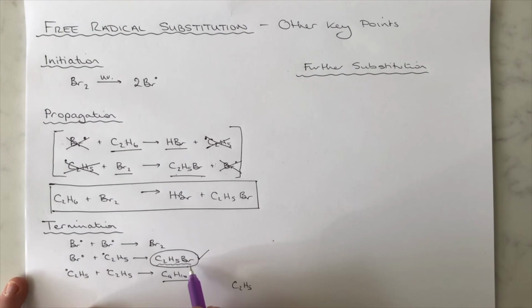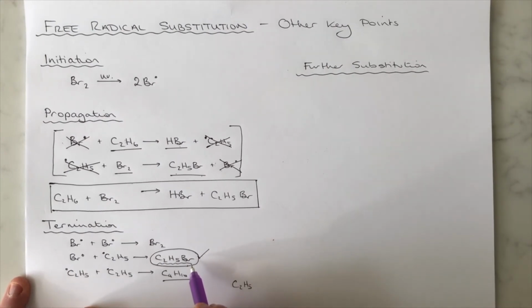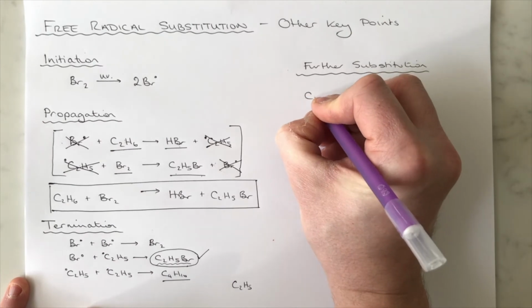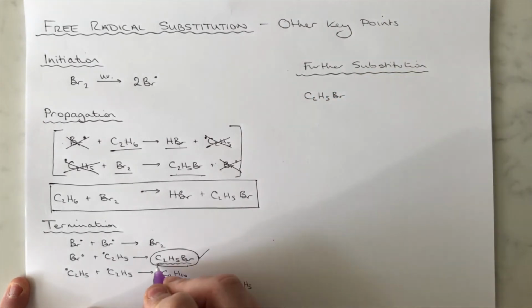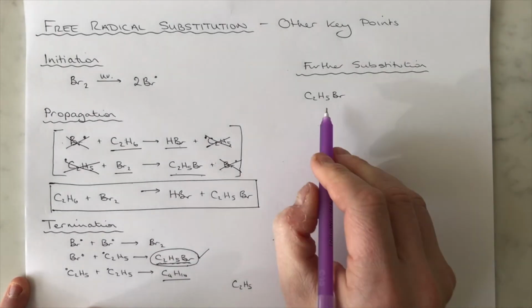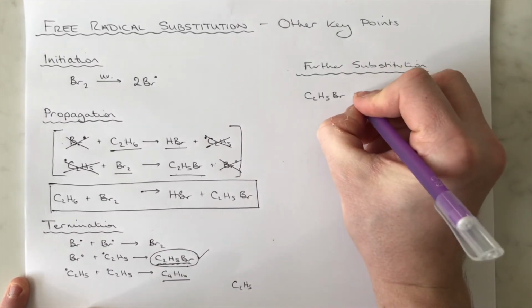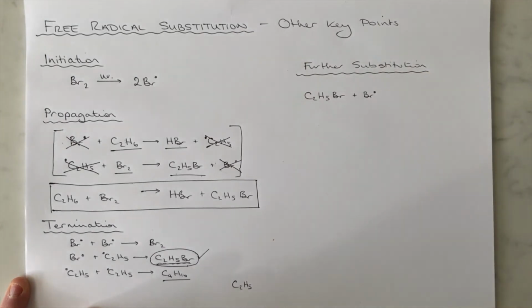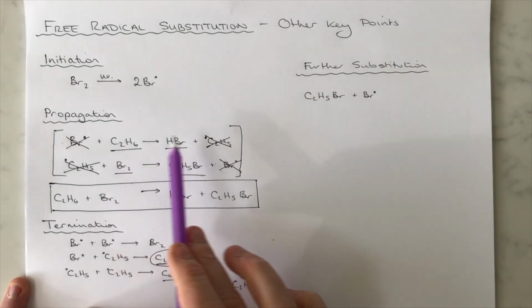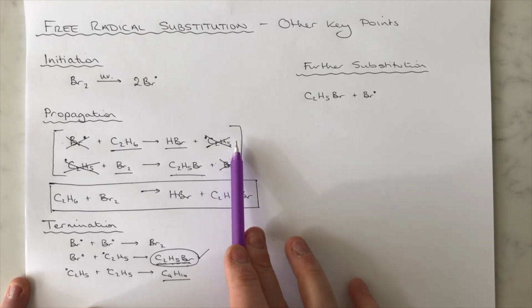So in this example, one example of a further substitution step would be as follows. C2H5Br, the product that we've already made and we're happy with, well, if this is floating around in our reaction mixture and collides with another bromine radical, essentially 2 more propagation steps could occur.